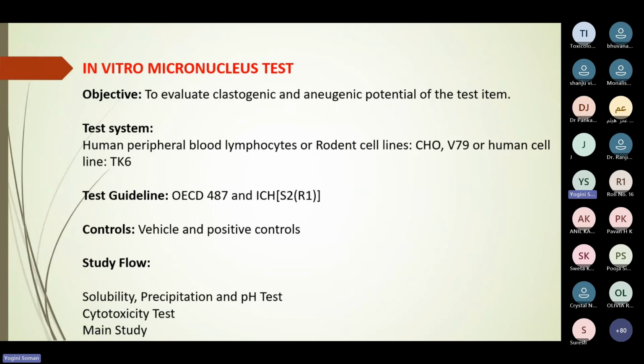Then you have to collect the blood from the volunteers, or you can directly procure blood from external agencies. And then you can conduct hematology and clinical chemistry parameters, and you can submit those reports to the doctor to see whether the parameters are within a range, and whether you can use those volunteers for the study or not.